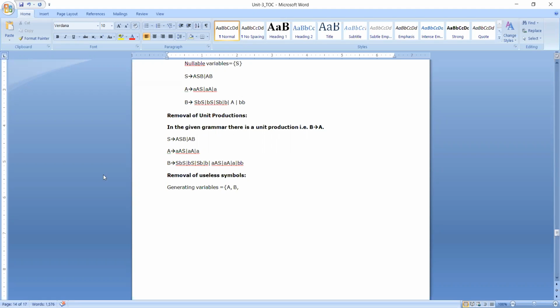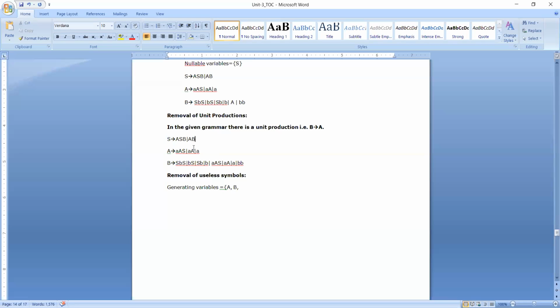generating variables. Now, when we know A and B both are generating, let us go ahead and see whether S is also a generating variable or not. When you look into S, please observe, there is a production called AB. S derives AB. Now, when we know A and B are generating variables, automatically S is also going to become a generating variable.